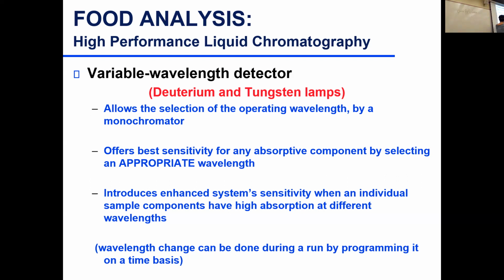The appropriate wavelength usually to enhance sensitivity is your lambda max. There are instances where you choose a different lambda, because if you have interference with another compound that absorbs at the same wavelength, you might reduce your sensitivity and measure absorption at a different lambda.